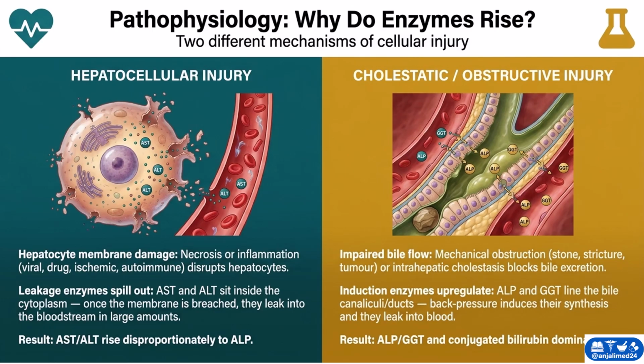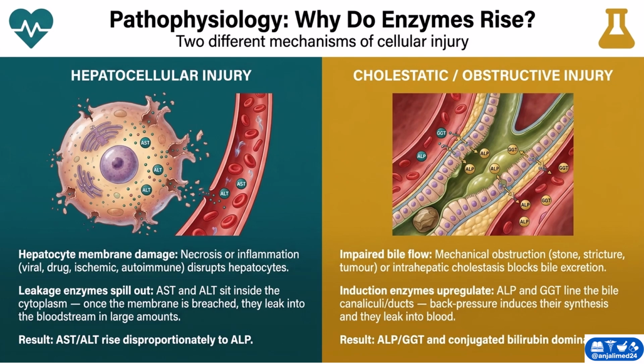Now compare with cholestatic or obstructive injury. In this situation, the hepatocytes are not the primary problem. Instead, bile flow is blocked due to gallstones, biliary strictures, tumors, or intrahepatic cholestasis. The pressure inside the bile ducts increases, stimulating the production and release of the ALP and GGT, which are concentrated in the bile duct lining. Because bile cannot drain normally, conjugated bilirubin also accumulates, producing jaundice.